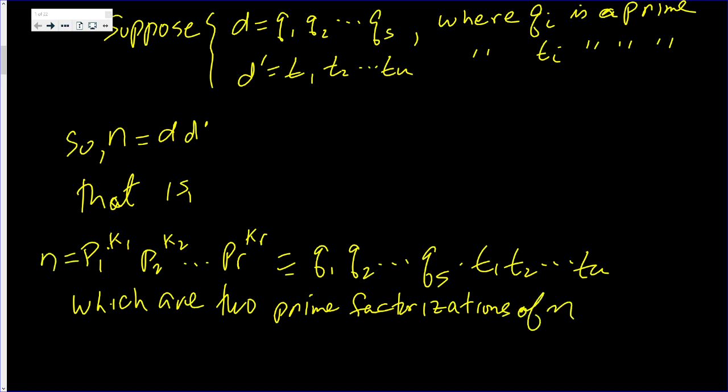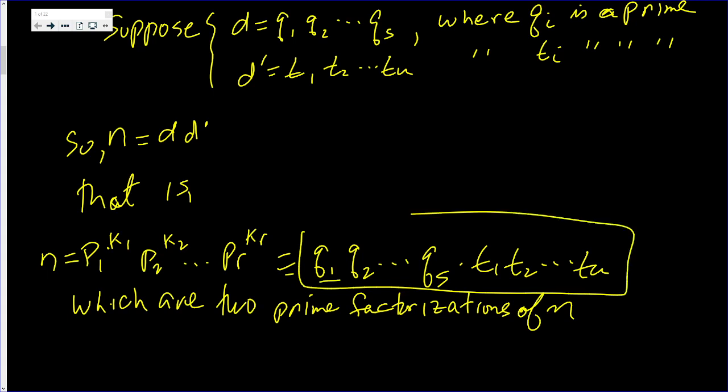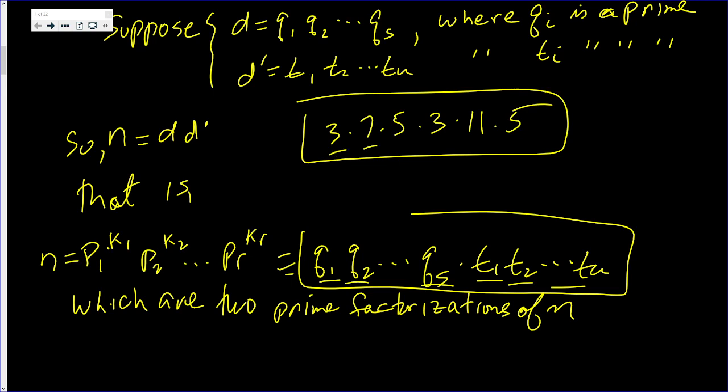Now, why am I calling this a prime factorization of n? Because it equals n, and all of these are prime numbers. Doesn't matter that I repeat it. 3 times 7 times 5 times 3 times 11 times 5. That is a product of primes, and I'm making this up. If this product equals 1023, well then this is a prime factorization. We've always maintained prime factorization of a number is unique up to the order.